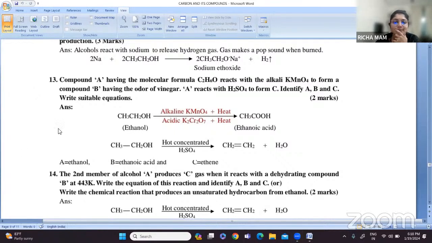Okay, next. Compound A has the molecular formula C2H6O.